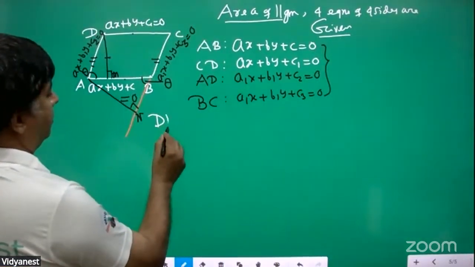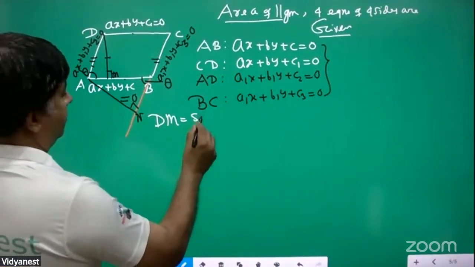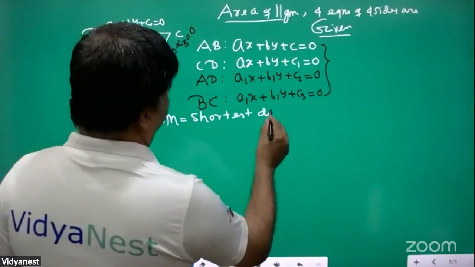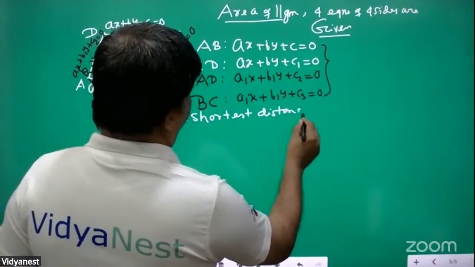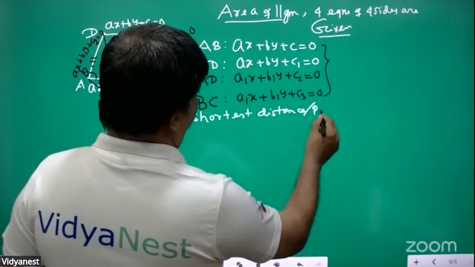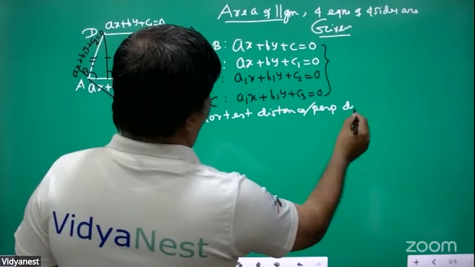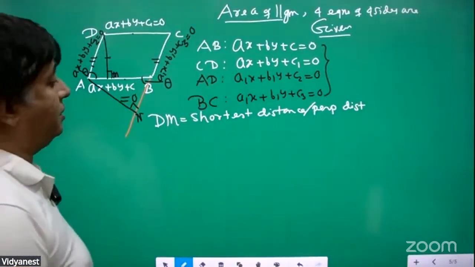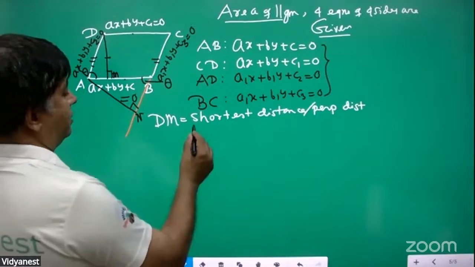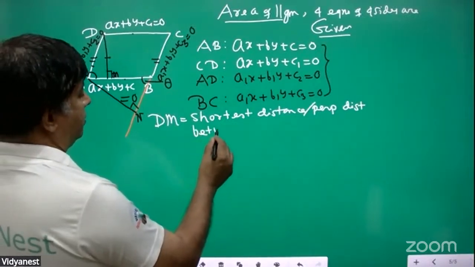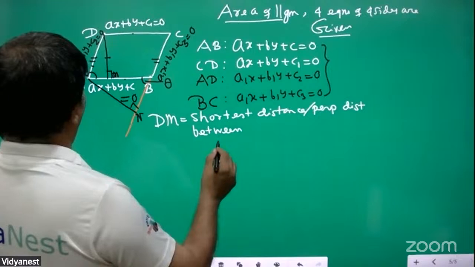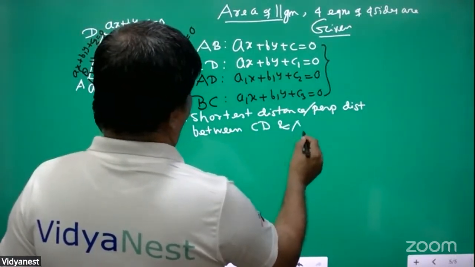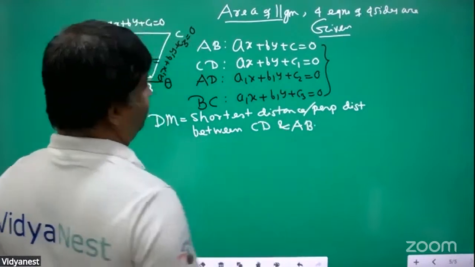DM is the shortest distance or perpendicular distance between CD and AB.